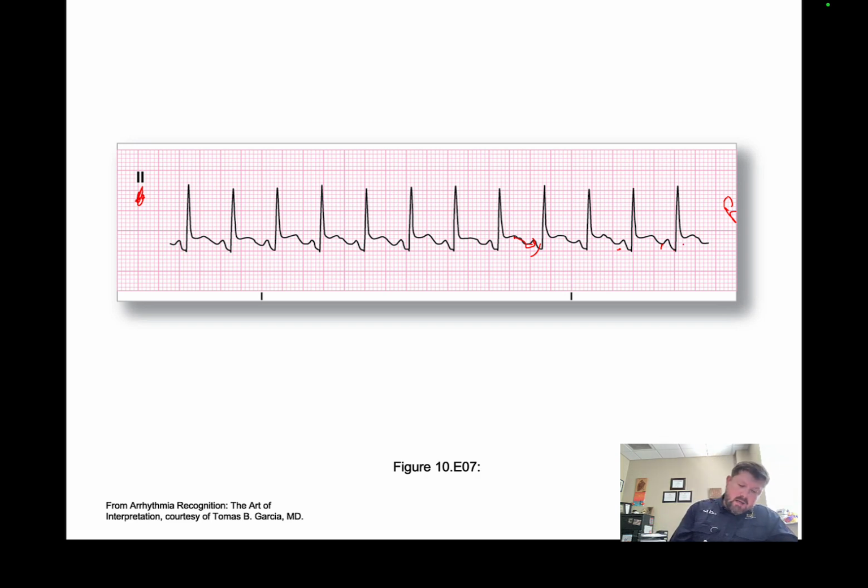So this is a sinus tachy, but I'm sure you notice that it doesn't look like some of the other sinus tachycardias that we've looked at. What you're actually seeing here is ST elevation, which we'll get into in the future, but this is a sinus tachycardia with some pretty significant ST elevation.